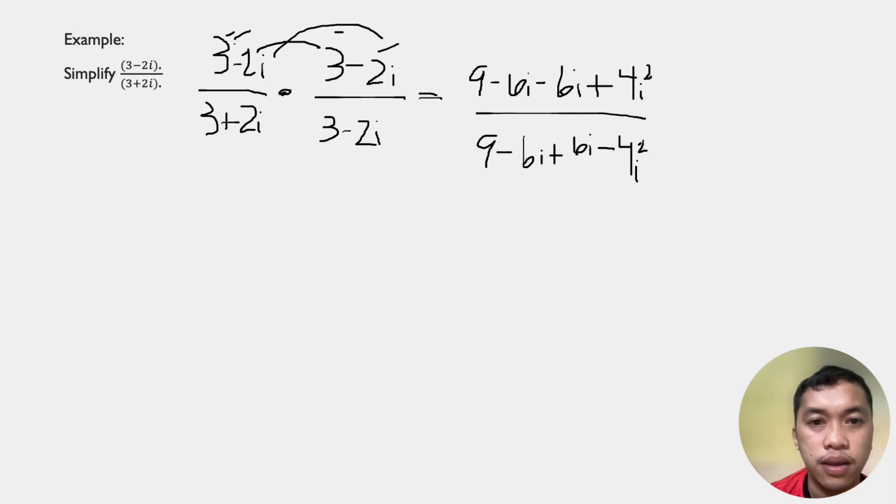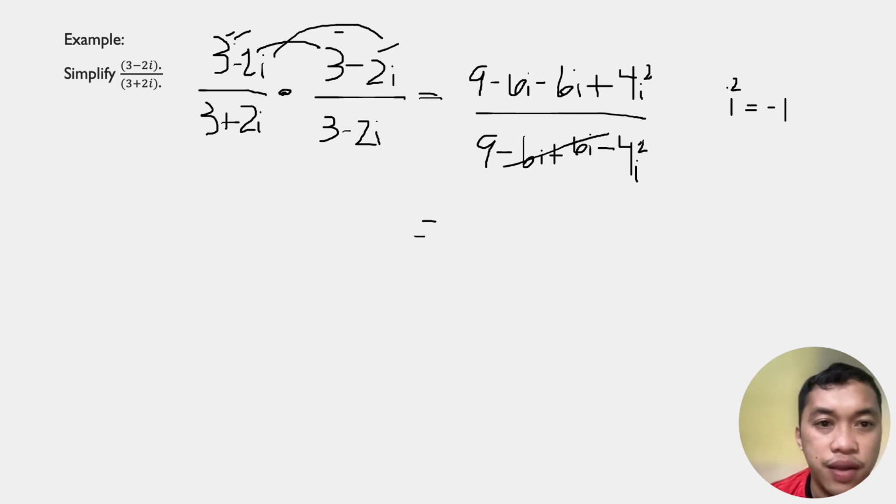Let's replace i squared with negative 1. As you can see, in the denominator the i terms cancel to 0. The numerator's i terms add up to negative 12i.